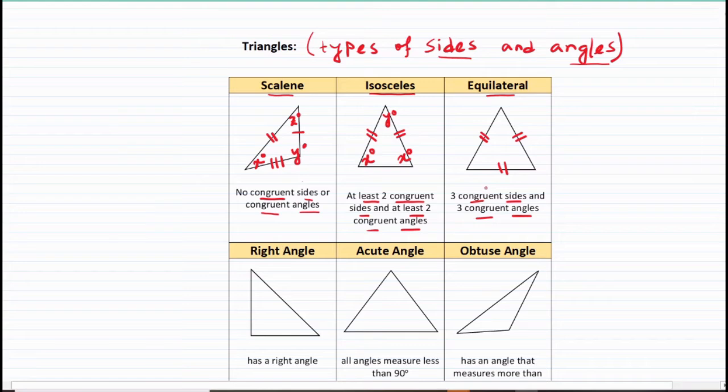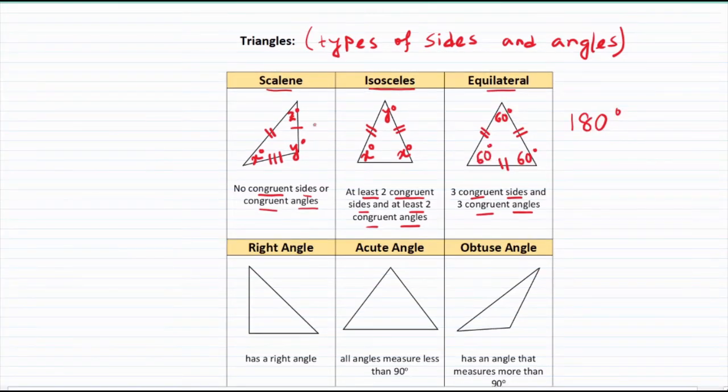By the properties of triangles, the sum of the measures of the interior angles is always 180 degrees. And for an equilateral triangle, as three angles are congruent, each of them will have a value of 60 degrees. This is also 60 degrees.